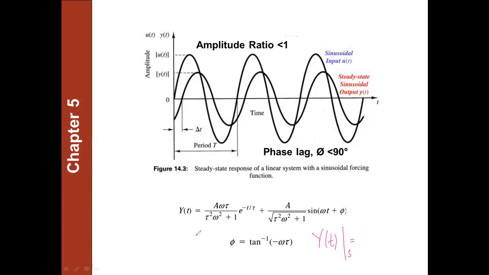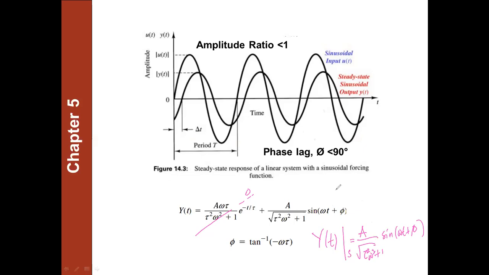So at steady state, the new steady state value of your response will simply have the periodic term. So this is the non-periodic part, and this is the periodic part, or the sinusoidal part. So we are only interested in this. So most of the time, class, we don't include this one unless the problem specifies that you are to include the non-periodic response term of your response equation for a sinusoidal forcing function.